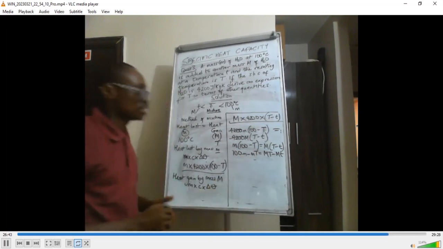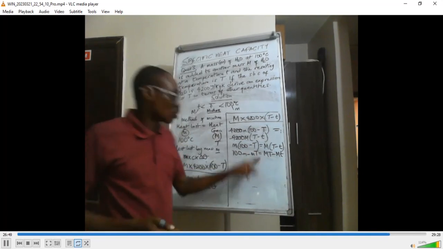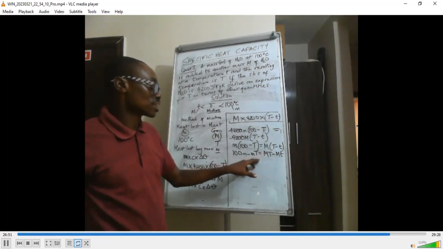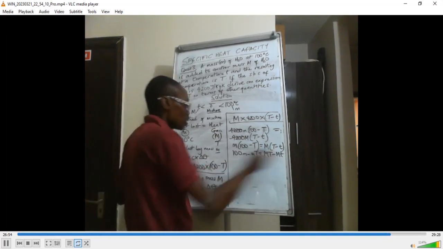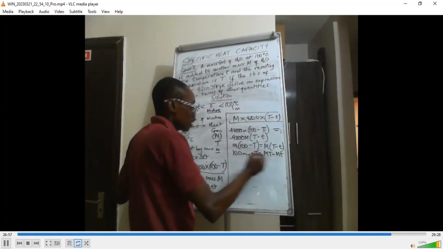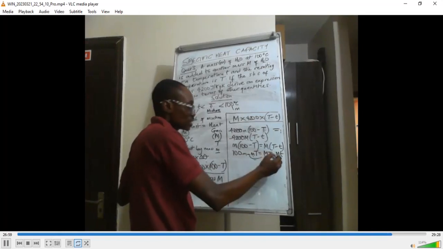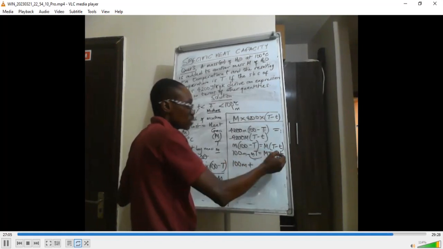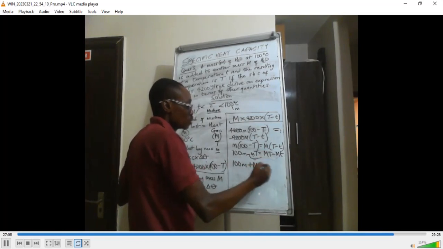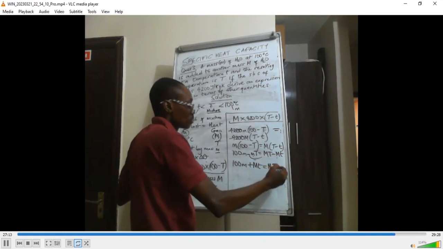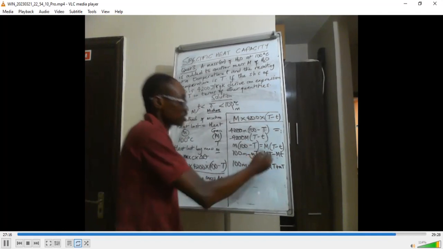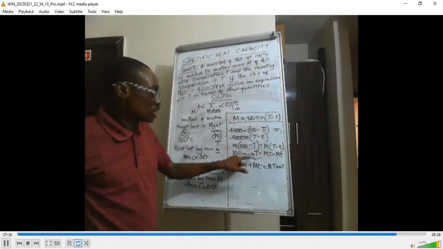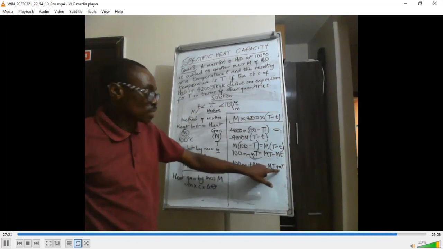So we're going to collect the terms containing the variable T to one side. I'm going to bring this minus small m capital T to the right hand side. So we have 100 small m, plus, since I bring minus small m capital T to this side, it becomes plus small m capital T, equals capital M capital T plus capital M small t.